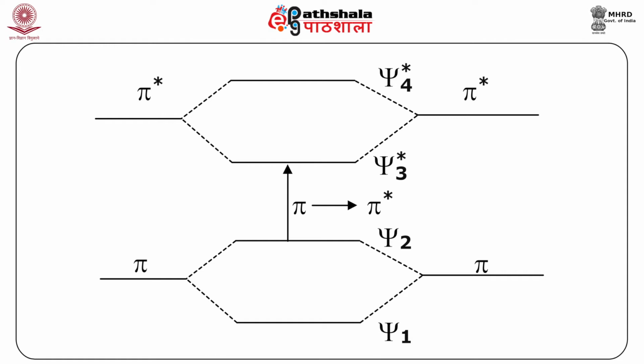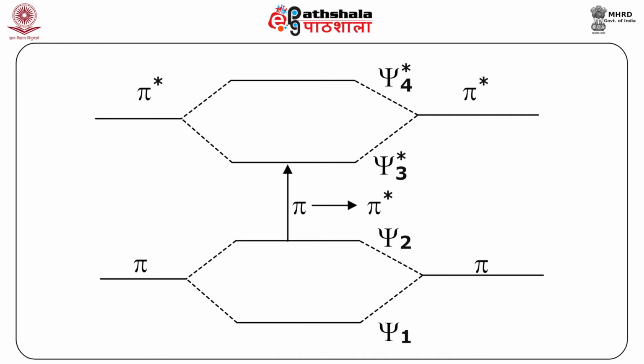But in the case of conjugated dienes, the pi molecular orbitals of the two separate C=C groups combine to form two new bonding molecular orbitals, designated as psi1 and psi2, and two new anti-bonding molecular orbitals designated as psi3 star and psi4 star, as can be depicted in the figure clearly.